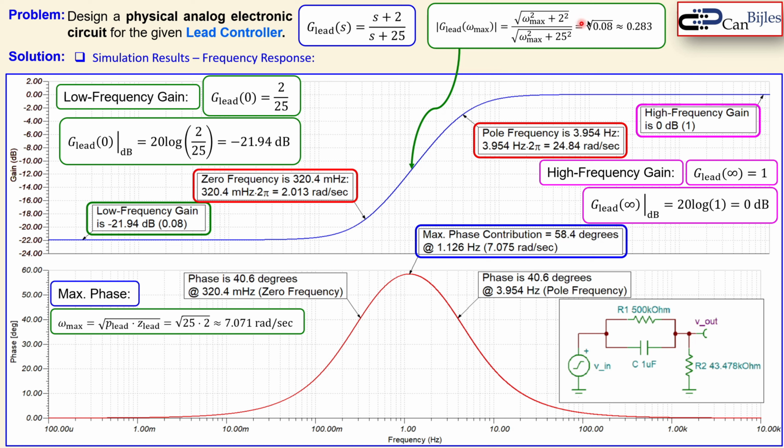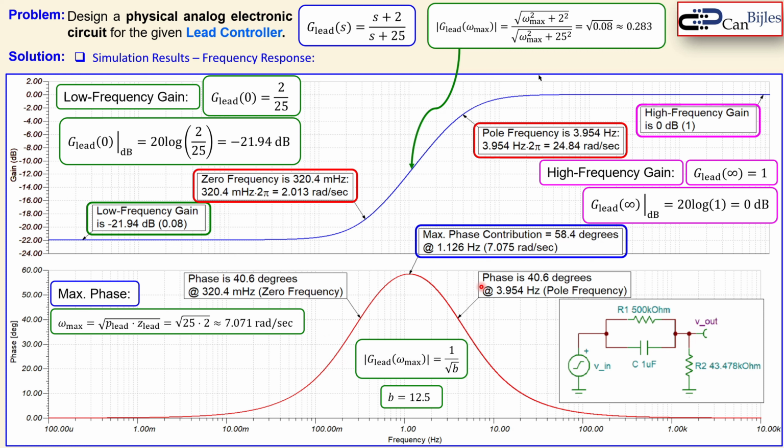Then you get the square root of 0.08 exactly, which is approximately 0.283. This is the value here in the blue plot, but we of course need to know what it is in dB, which is approximately minus 11.